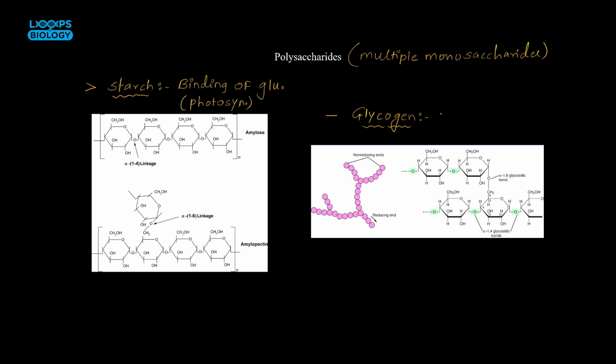And if I'm talking about glycogen, that is again a binding of glucose molecules. But these glucose molecules are excess glucose in the blood. Whenever the blood glucose level increases above its normal concentration, that glucose undergoes an anabolic pathway and forms a polysaccharide. This takes place inside the liver of an organism. So this polysaccharide formation follows the anabolic pathway.